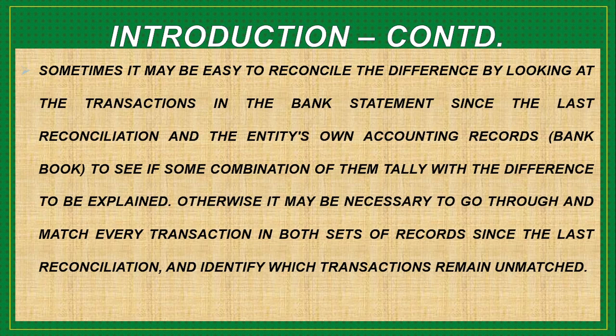Sometimes it may be easy to reconcile the difference by looking at the transactions in the bank statement since the last reconciliation and the entity's own accounting records, that is the bank book, to see if some combination of them tally with the difference to be explained. Otherwise, it may be necessary to go through and match each and every transaction in both sets of records since the last reconciliation and identify which transactions remain unmatched.